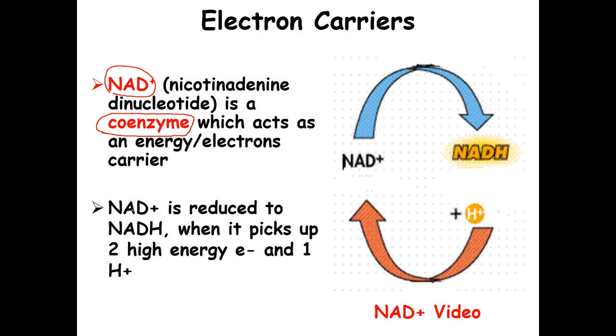So when it carries electrons, NAD plus is reduced to NADH when it picks up 2 electrons and 1 proton. That's why you only see 1 H here, but it's actually carrying 2 electrons.